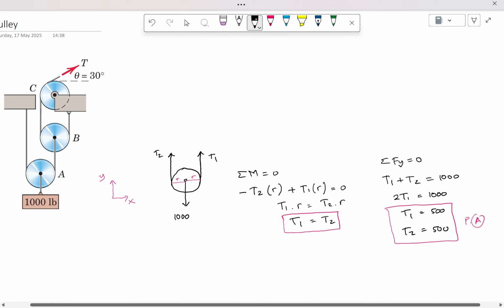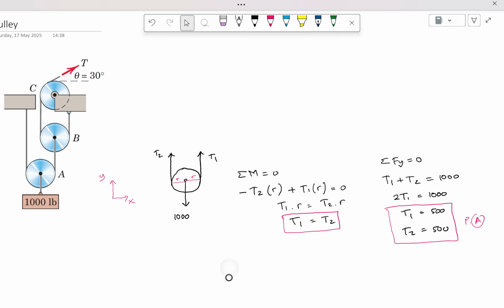Now what we need to do is move to pulley B, since pulley B is above pulley A. Let's write down here, and this is the center.